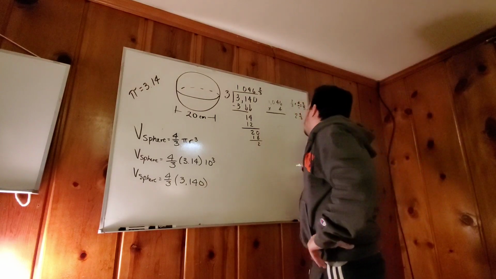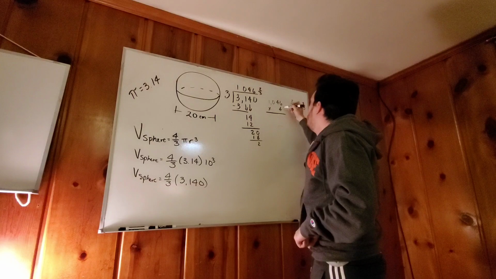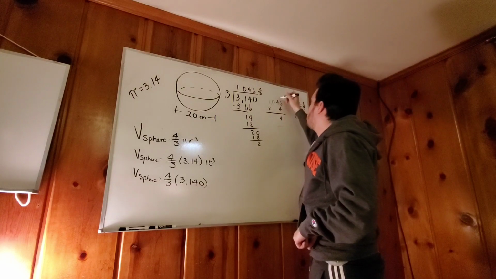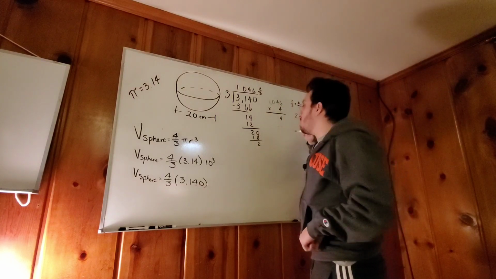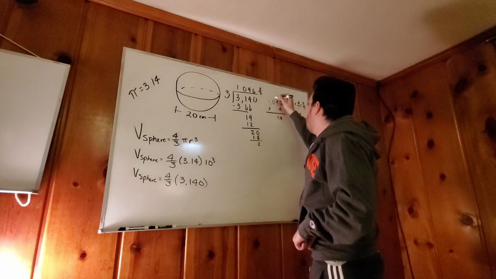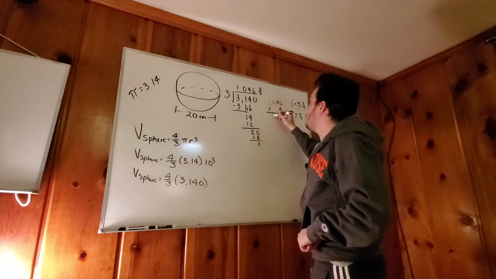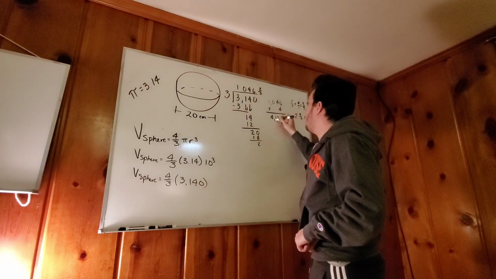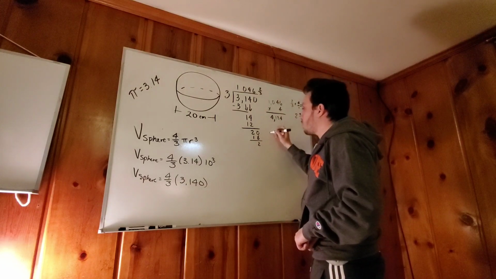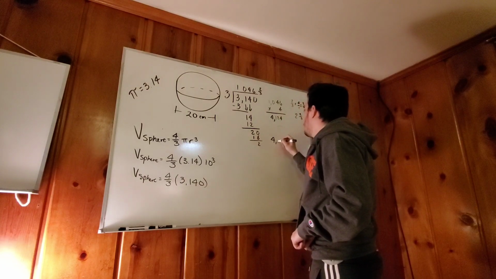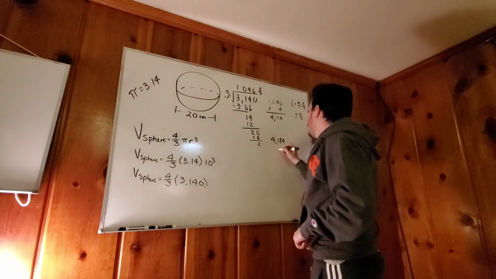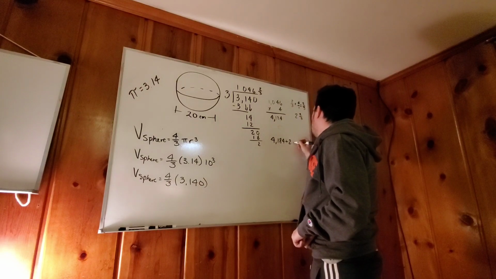You see, I'm tired. That's why my math is not flowing. 6 times 4 is 24, and a 2 goes up. 4 times 4 is 16, plus 2 is 18, and a 1 goes up. 4 times 1 is 4. So I get 4,184 plus 2 and 2/3.